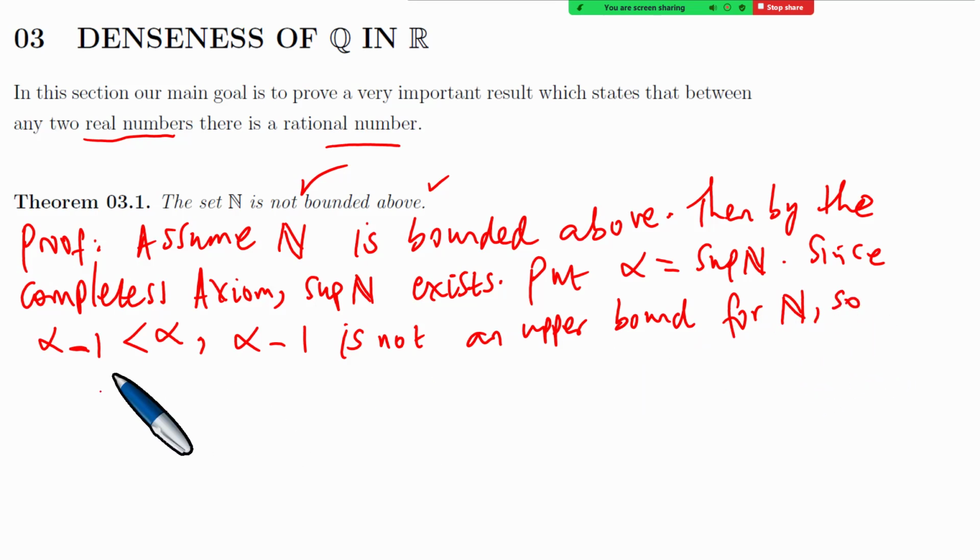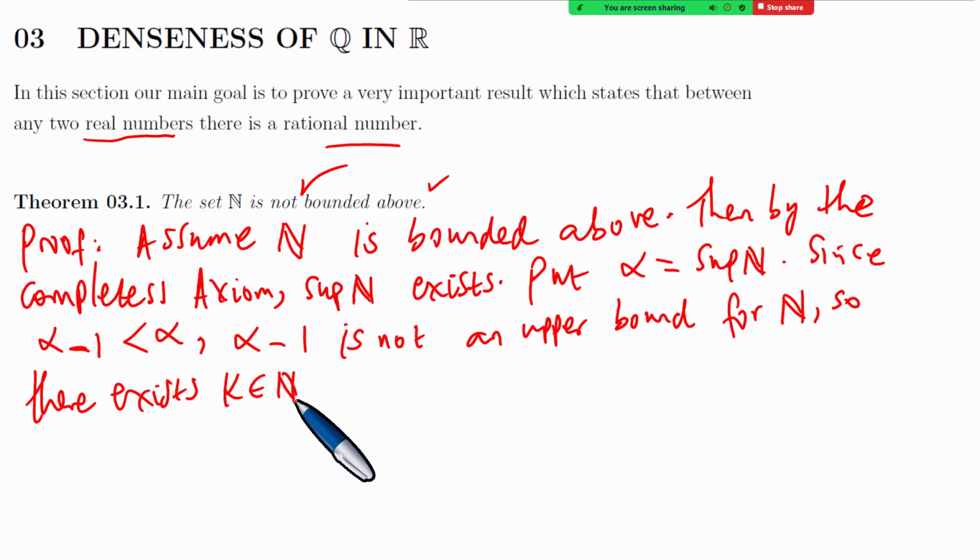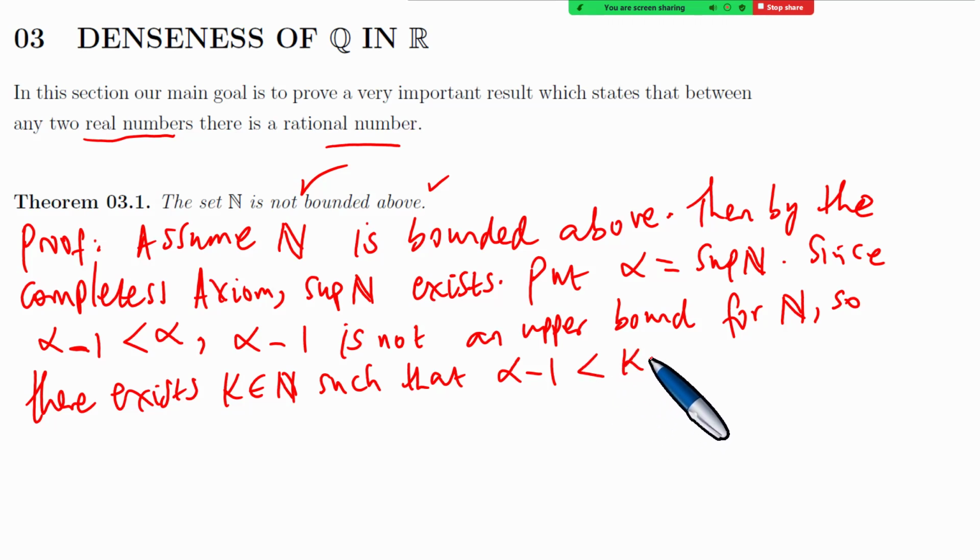So there exists a k in the natural numbers such that alpha minus 1 is actually smaller than k.